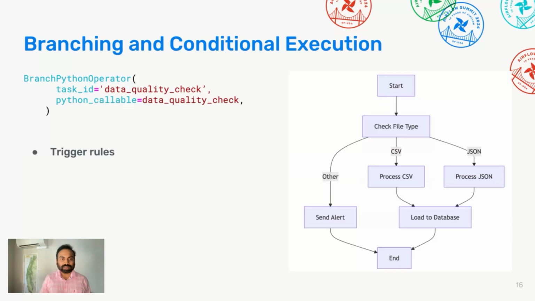One of the important things to note when executing branch and conditional is to properly define the trigger rules on the downstream task. So when should the downstream task run when it is dependent on a couple of upstream tasks? In this case, when should the load database run? We have to make sure that if either process CSV or process JSON is successful, we can execute the downstream load to database.